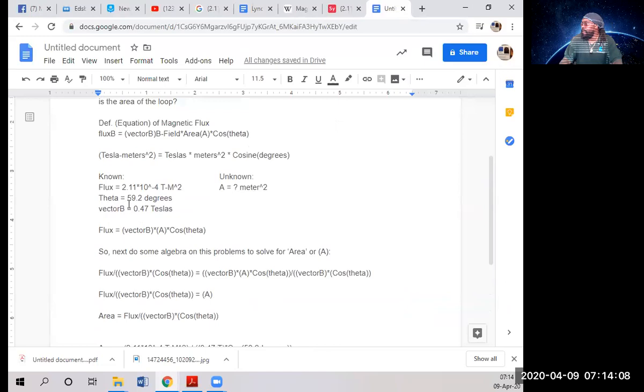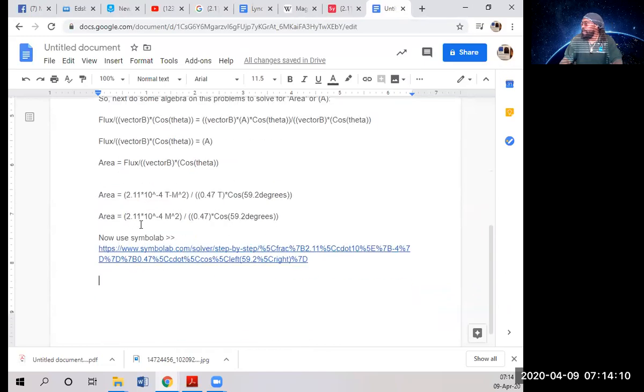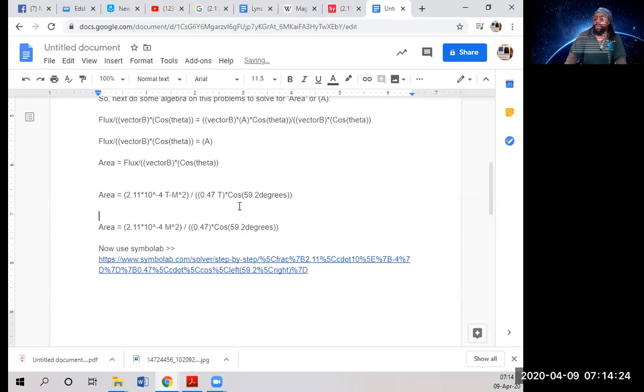So here, and then we're at this point, we're gonna type this in. So let's begin. Area is equal to 2.11 times 10 to the negative 4th meters squared, right? Because we got our dimensional analysis, we put it in here, note, so you'll know. Cross cancel.